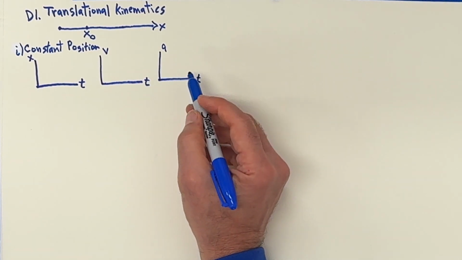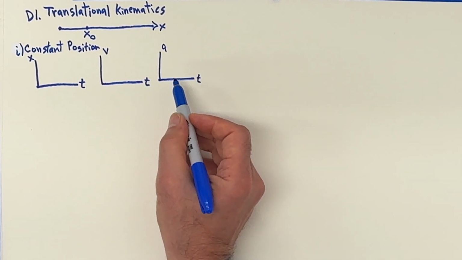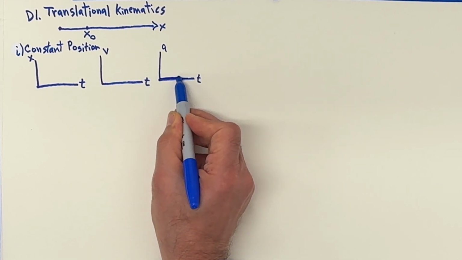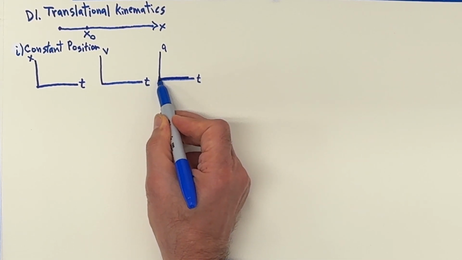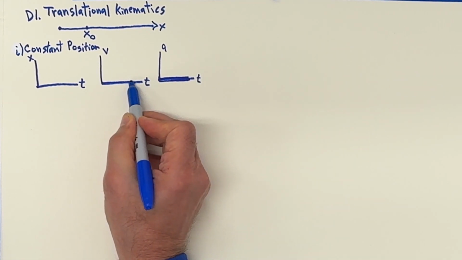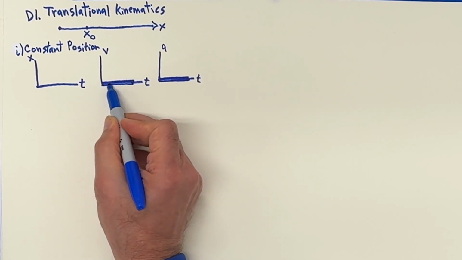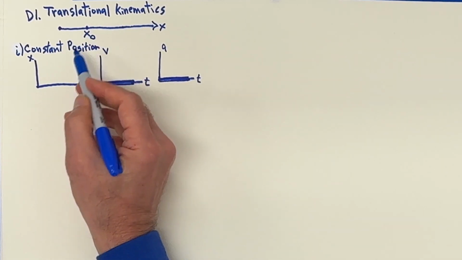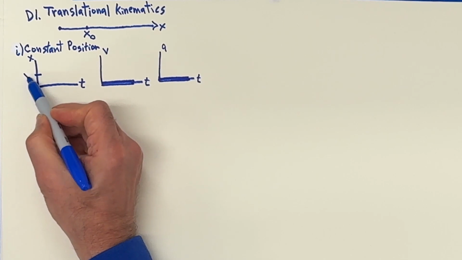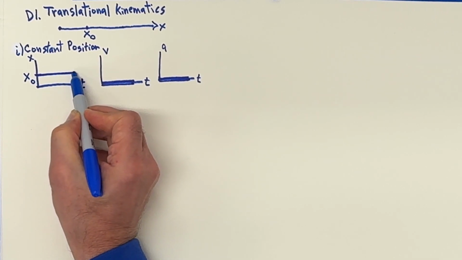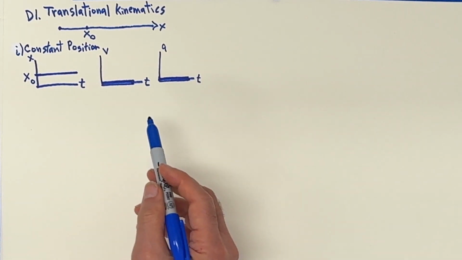Now, this is a very easy situation here because your acceleration is 0. The car is not even moving, so it's not accelerating. The velocity is 0. And the position, it's at x naught. It doesn't change. So these are your 3 graphs.